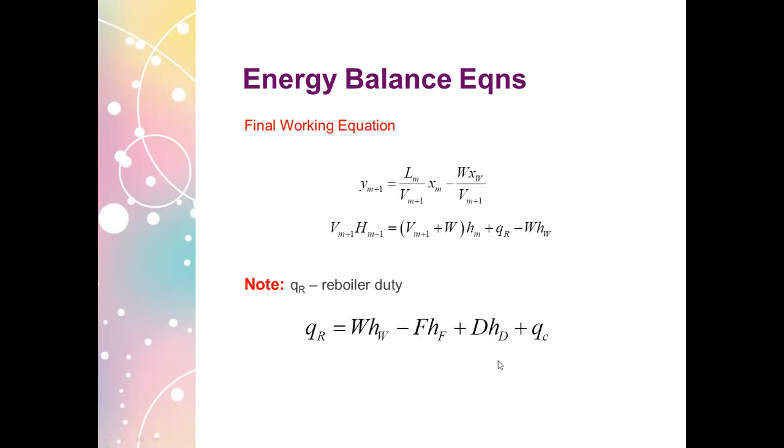So this equation relates the Q sub R and the Q sub C. One can be known if one is readily available. So I can solve for Q sub R if I have Q sub C, or vice versa. I can solve for Q sub C if I have Q sub R. This is your reboiler and condenser duties.